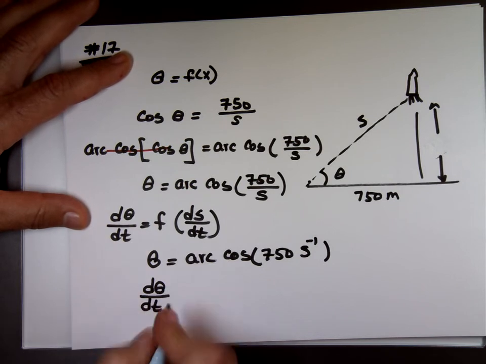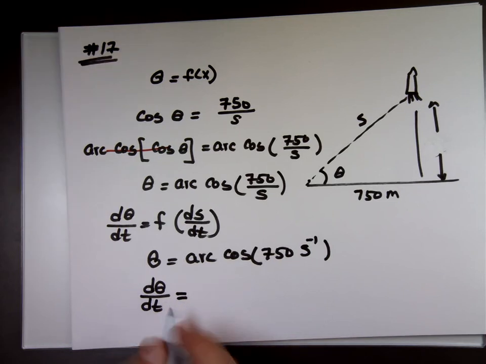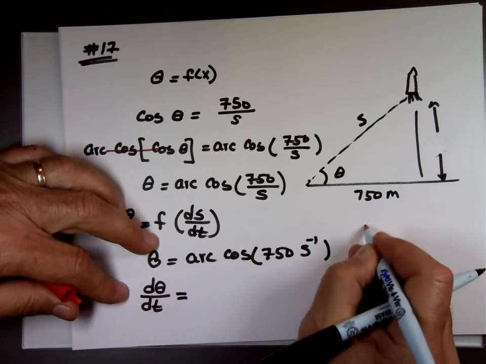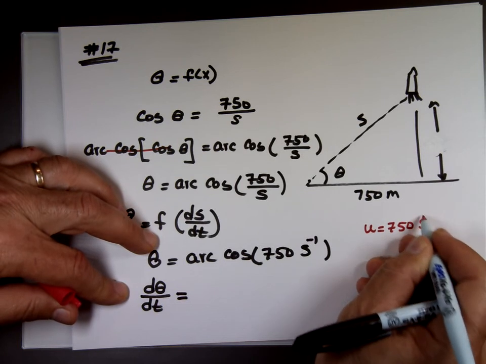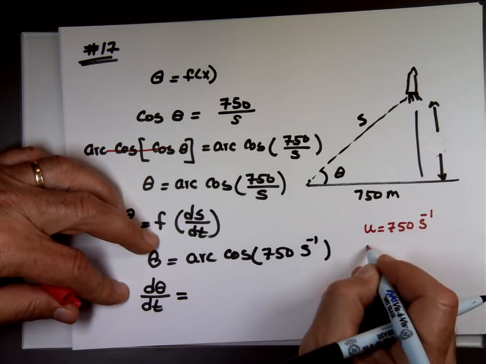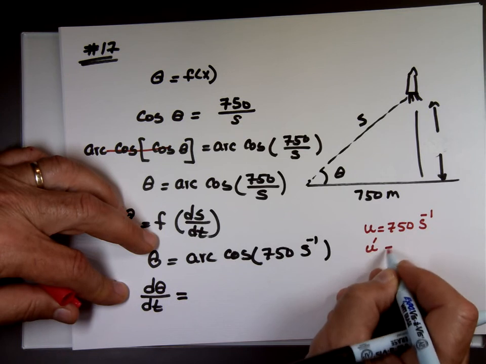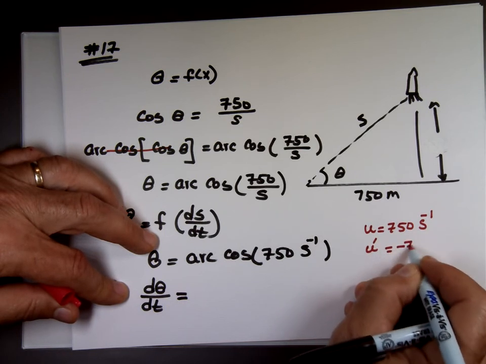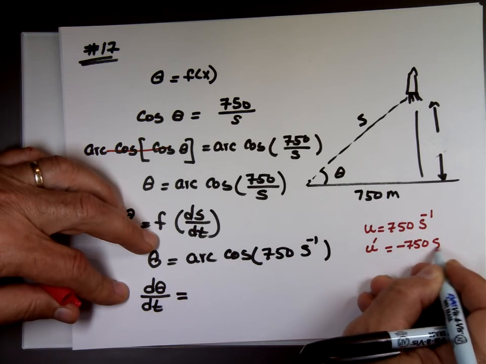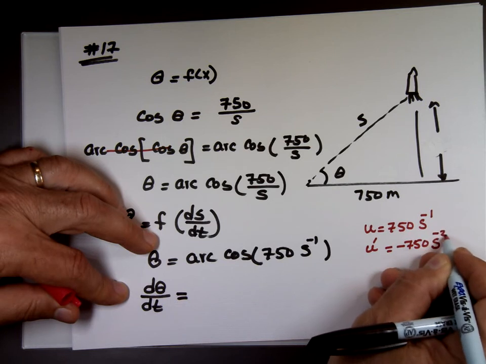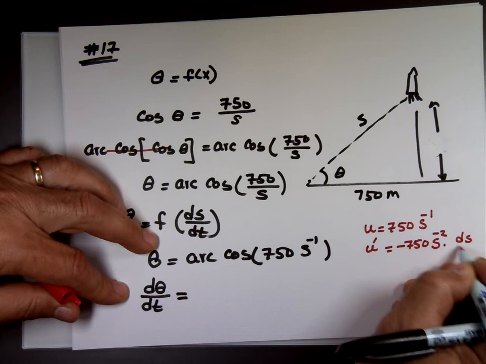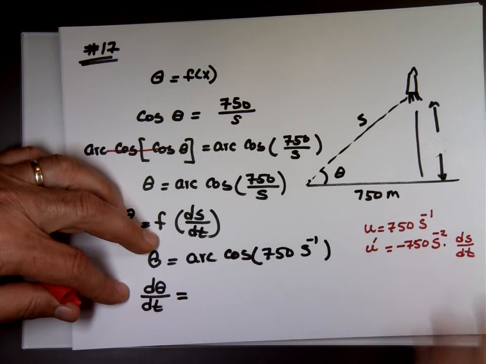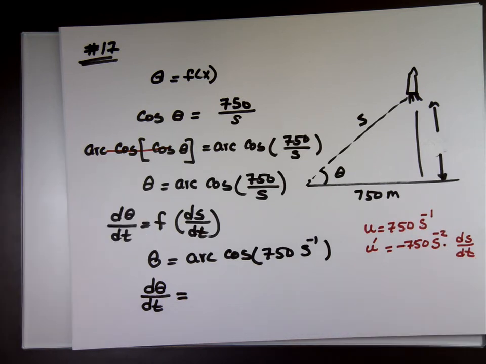Now, there's a cosine, so my u here is going to be what? 750 s to the minus 1. And what's the derivative of that? Negative 750 s to what power? Negative 2 times the derivative of s, which is ds dt, because we've taken the derivative with respect to t, not with respect to s.